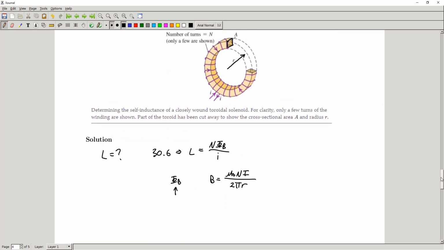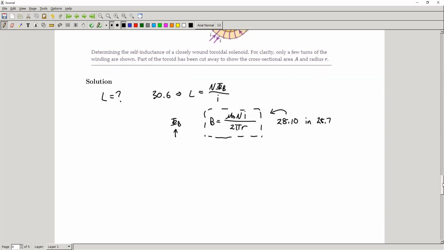And i is what we're now calling lowercase i because it's varying in time. This is an intermediate result that we would have gotten from 28.10, and it's also in section 28.7.